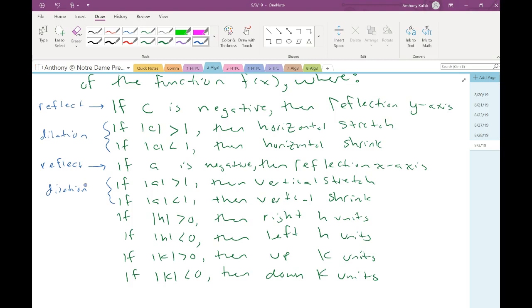Depending on the magnitude of the A and the C, it will determine whether that dilation is happening in a stretching motion or in a shrinking or compressing motion. Yes, Grace? That's the absolute value of C?